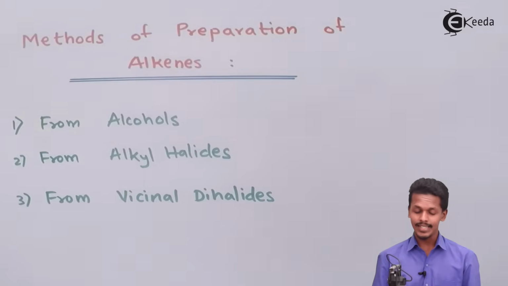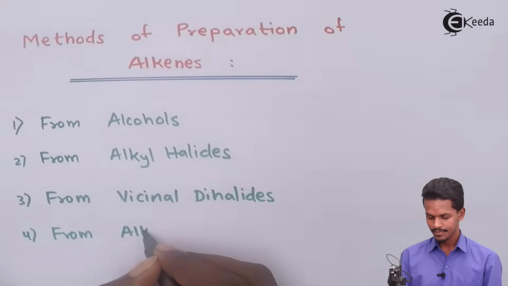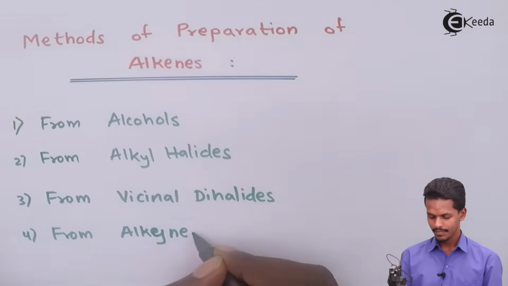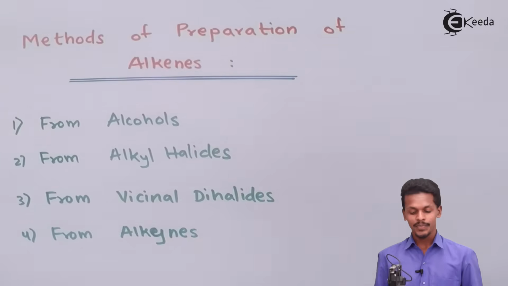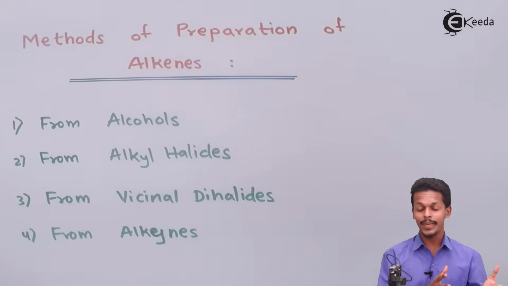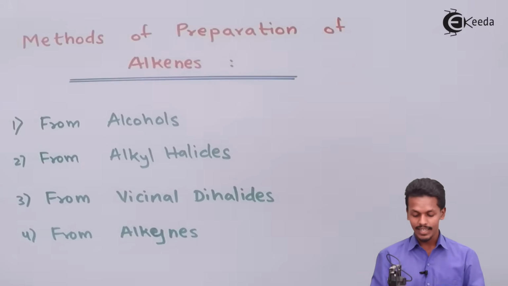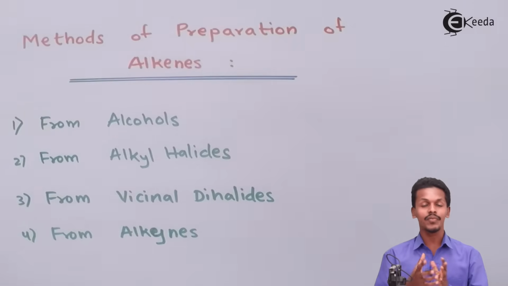Third, from vicinal dihalides. And the fourth, from alkynes. So these are the main four substances through which we could prepare alkenes, that is from alcohol, from alkyl halide, from vicinal dihalide and from alkyne. So these are the organic compounds from which we could prepare alkenes.